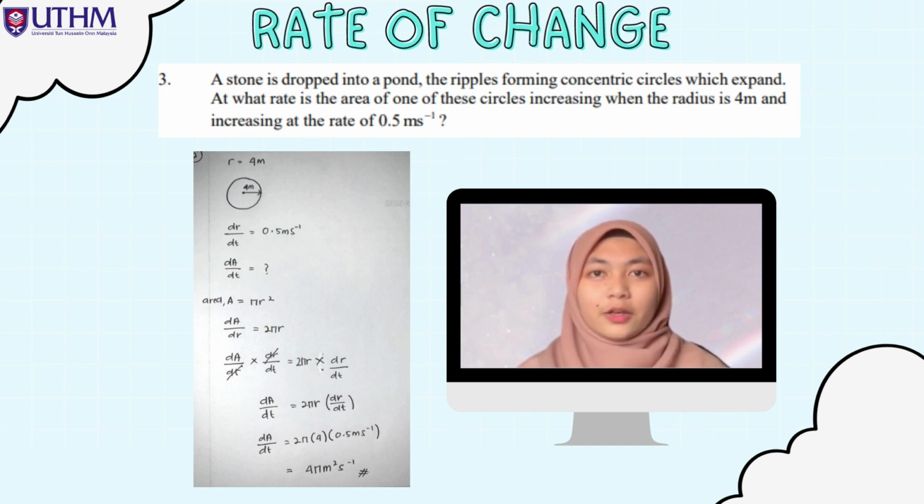When we get dA over dt, we just plug in the values that we jotted down just now: 2 pi, r is 4, dr over dt is 0.5. So, we got the answer.